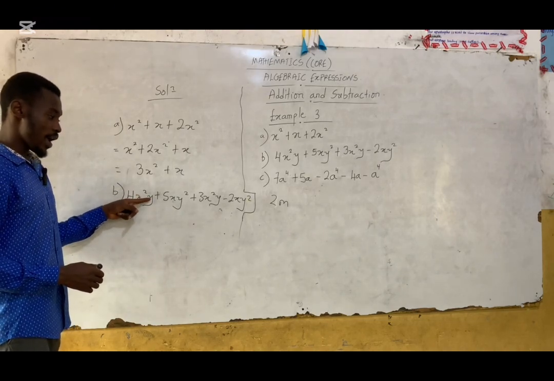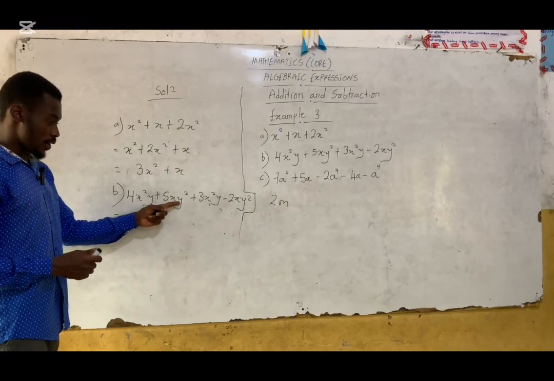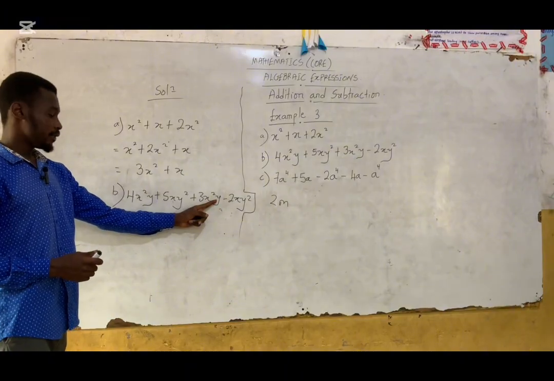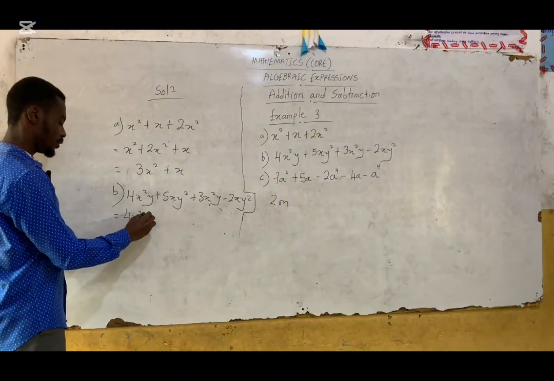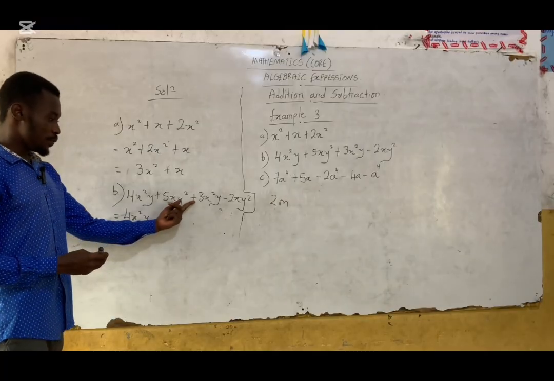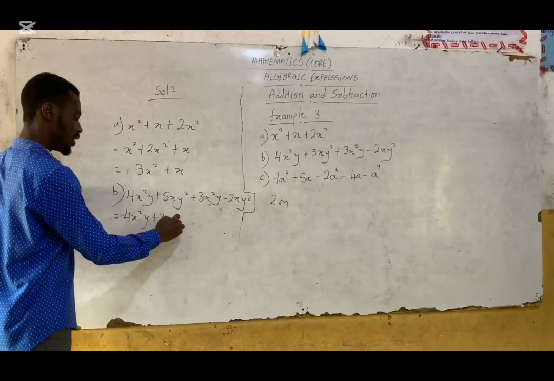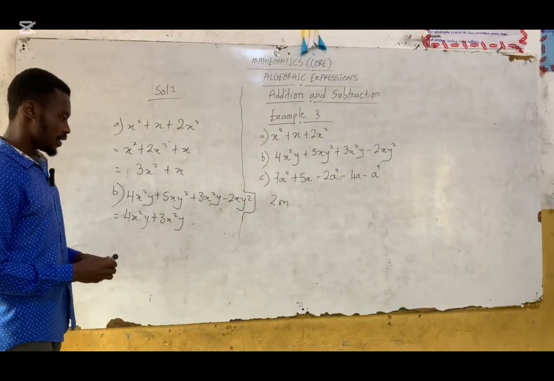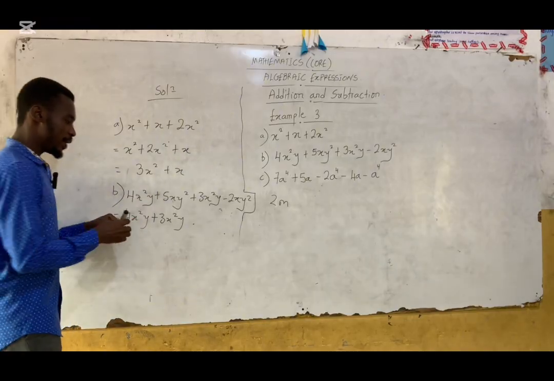Who is a family member of x squared y? xy squared, no. x squared y, yes. So 4x squared y is a family member to plus 3x squared y. We are done.